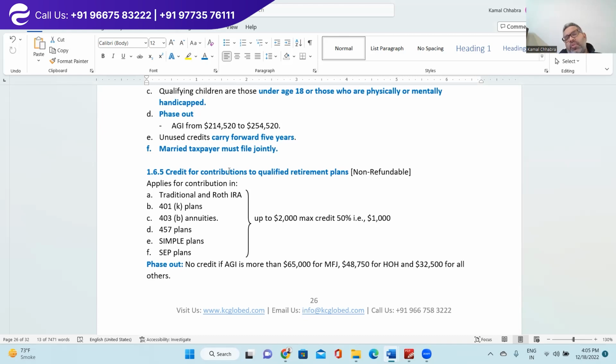So all these contribution, similarly in US, if you are making, then maximum $2,000 contribution in a year is being allowed, and 50% of that you can take as a tax credit.